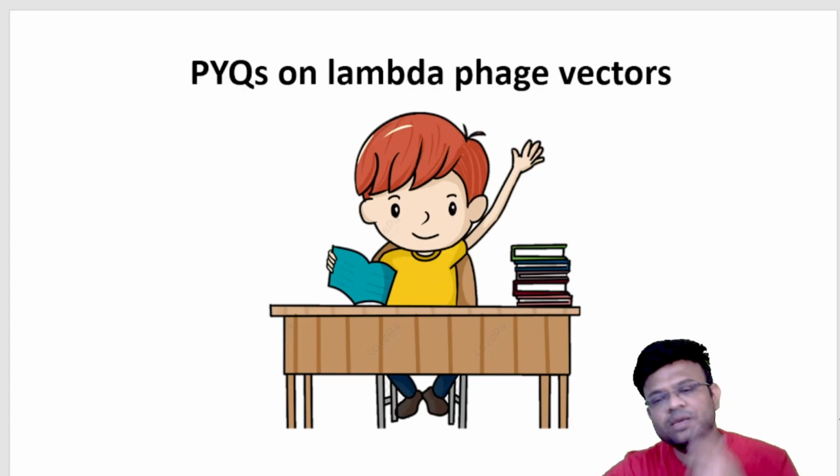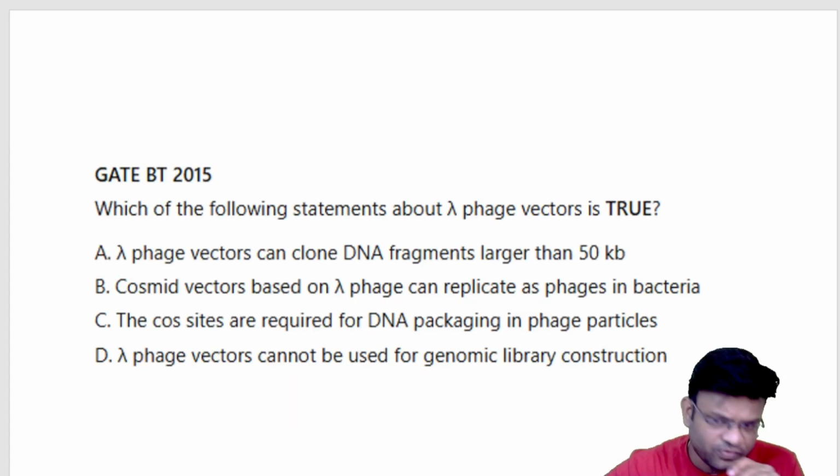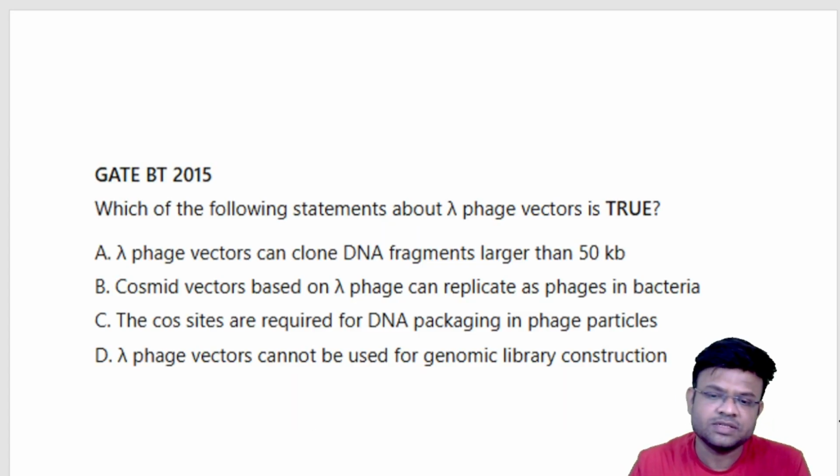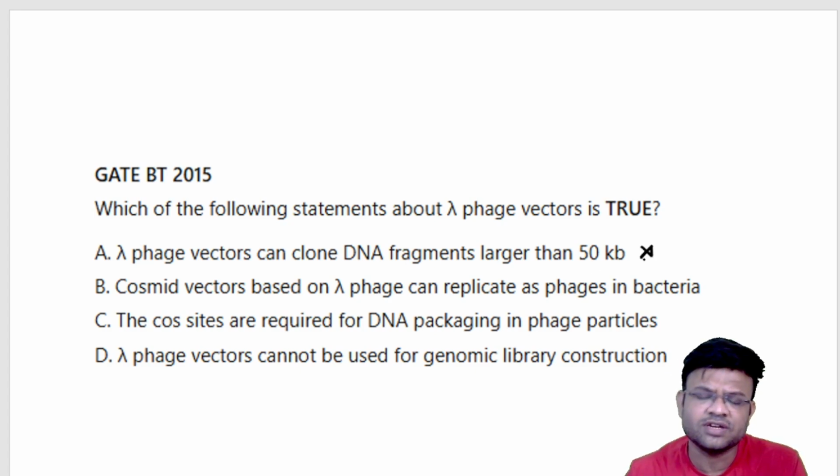Let us talk about the PYQs on lambda phage vectors. The first question was asked in GATE BT 2015. Which of the following statements about lambda phage vector is true? Lambda phage vector can clone DNA fragments larger than 50 kb. No, this is wrong. It's roughly 15 to 20 kb max.